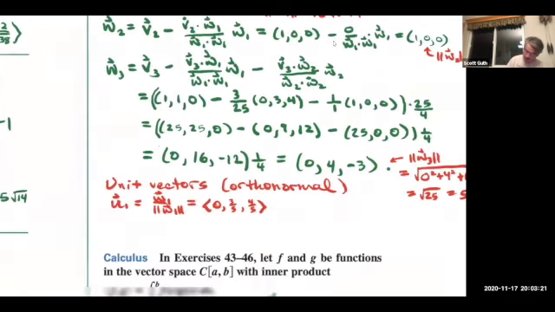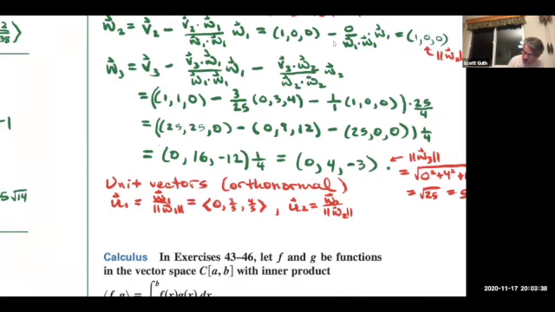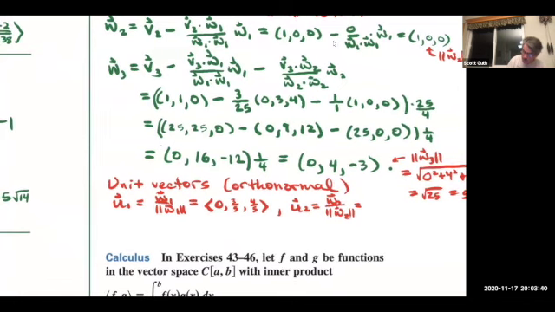Okay, u2 is already set. U2, I'll just make w2. You can say it's w2 over the magnitude of w2, but that's just 1. So there's not much to do there. So this will just be 0, 0, 1.